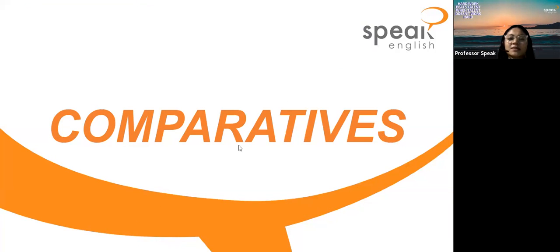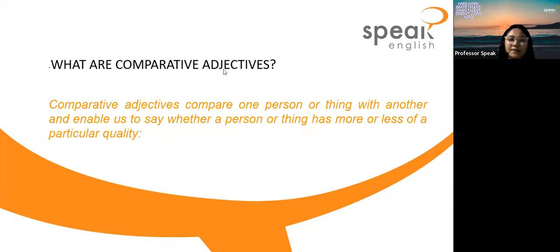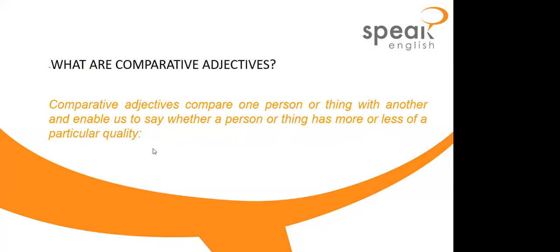Okay, we're going to talk about comparatives. So what are comparatives or comparative adjectives? Can you help me, Fatima, to read the information, please? Comparative adjectives compare one person or thing with another and enable us to say whether a person or thing has more or less of a particular quality.